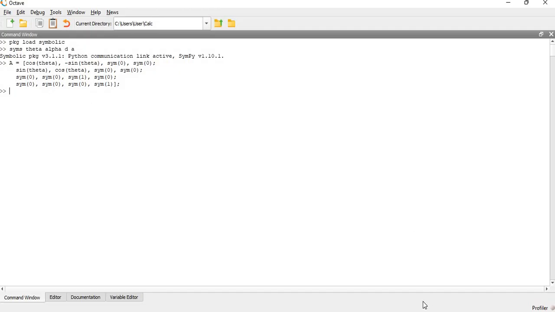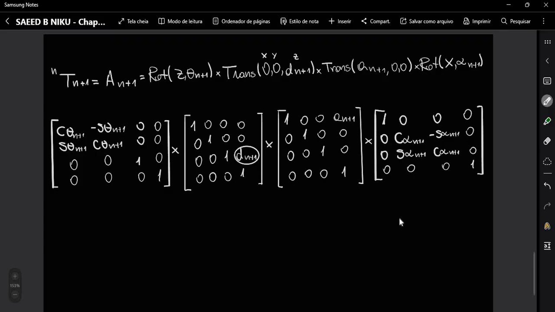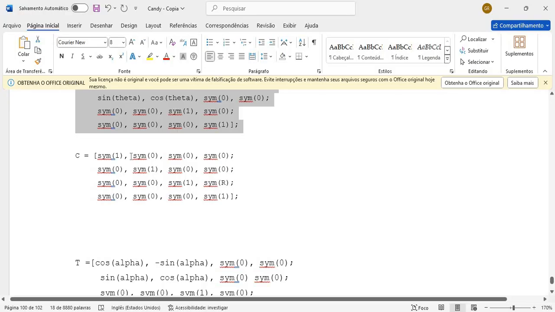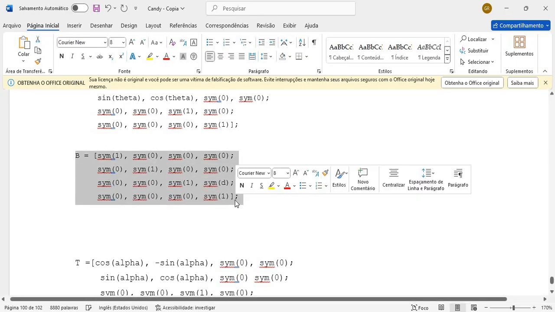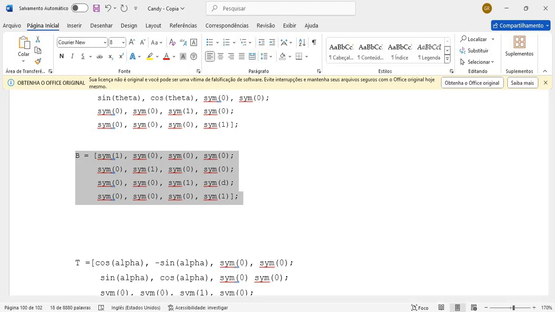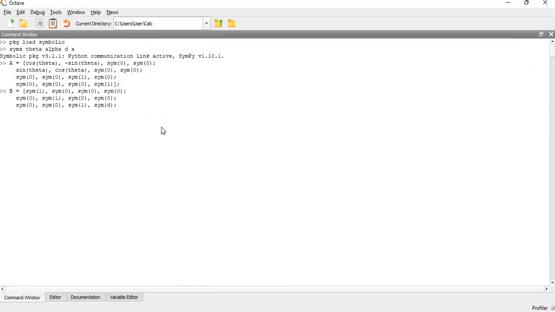The second is the matrix of translation. Right here, let's call matrix B, and right here, let's change for D. Let's copy. And as you can notice, for obvious reasons, we are not using the index n plus 1, just to make it easy for us.